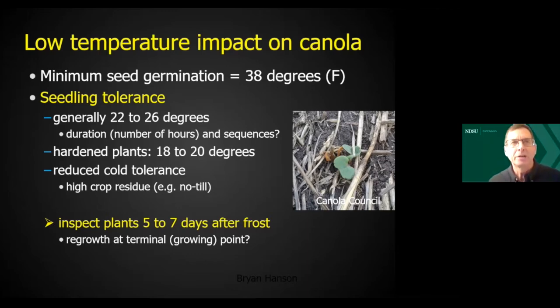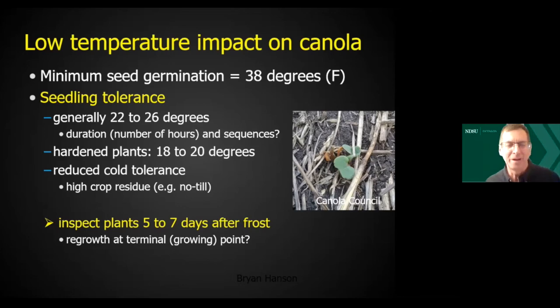And then if the plants emerge and we're exposed to quite cool temperatures, that may allow them to be hardened and to even be more tolerant of low temperatures. And then certainly with high residue levels, we know that the residue will hold the cold temps present longer. And so there may be more risk as our residue levels go up with canola production. Well, ultimately, we want people to be patient.